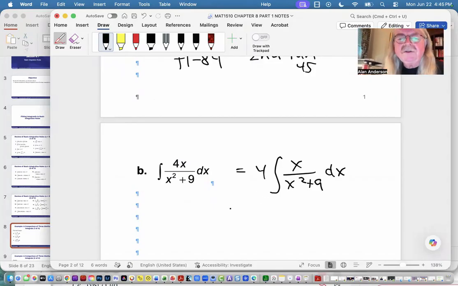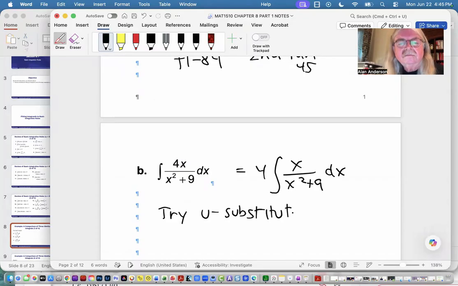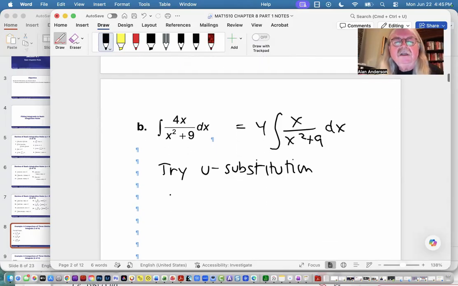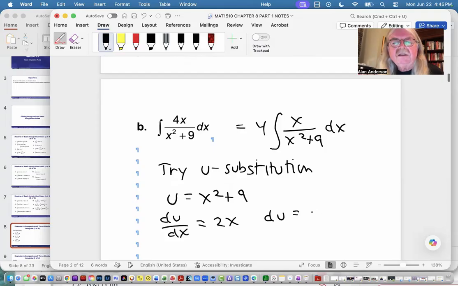How about if we try U substitution? Well, if that's the case, let's try u equals x squared plus 9, which means that du dx is 2x, which is the same thing as saying that du is 2x dx.